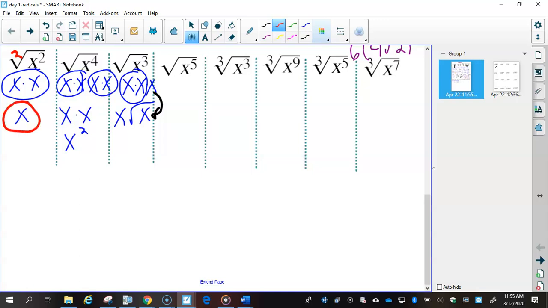Once, with nothing left over. 2 goes into 4 how many times? Twice, with nothing left over. For this one, 2 goes into 3 how many times? Once, with 1 left over. So this method will always work for your variables. We just use 2 for square roots.